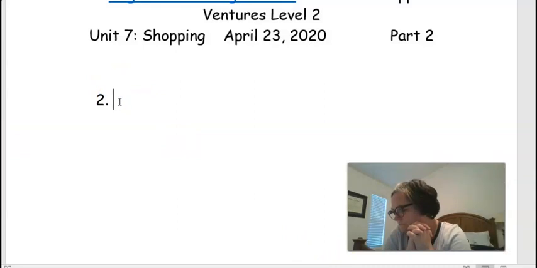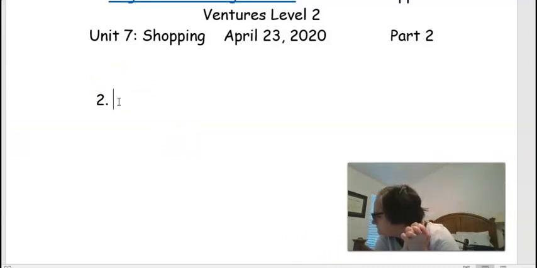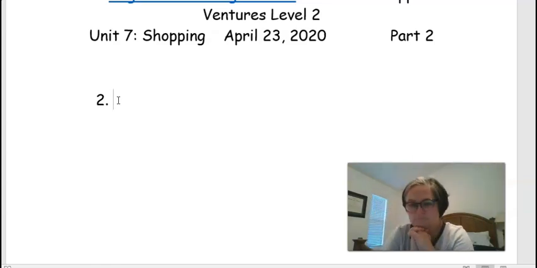Page 88, Exercise 2A, Track 12. 1. Which TV is the cheapest? The second TV is the cheapest. 2.